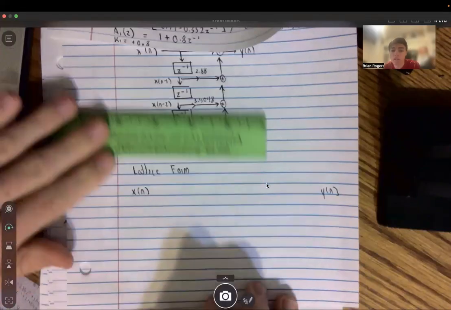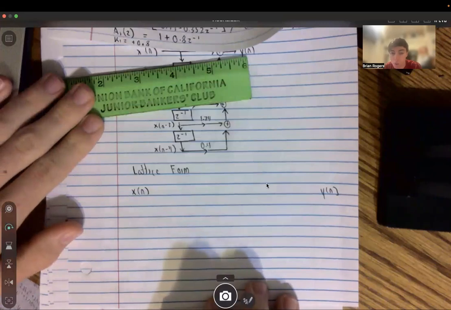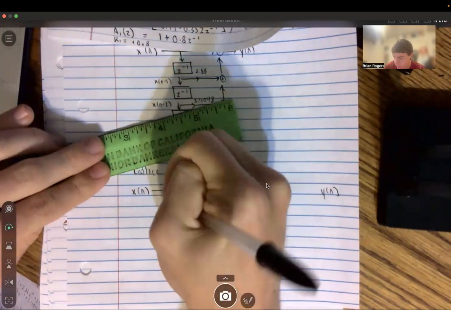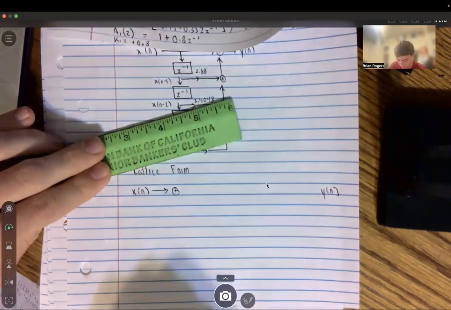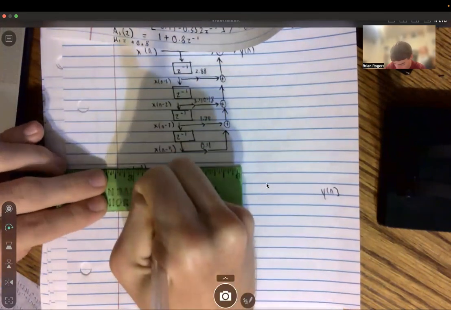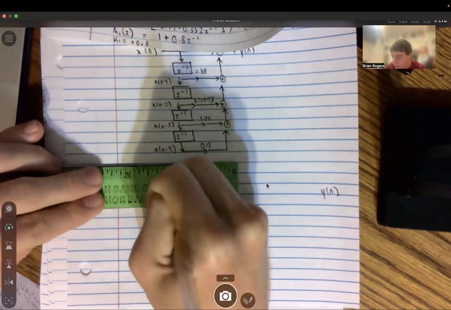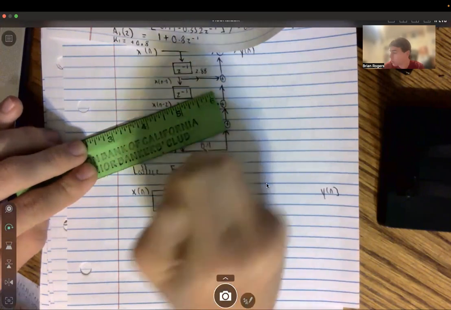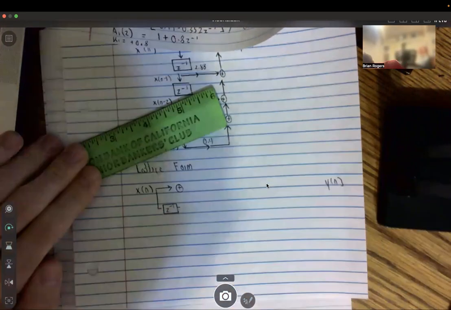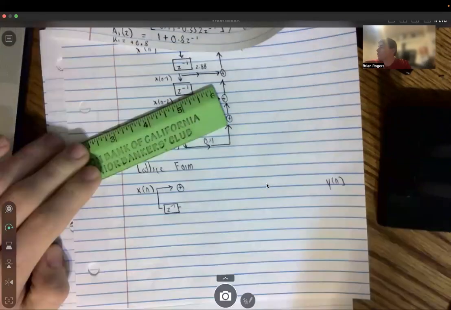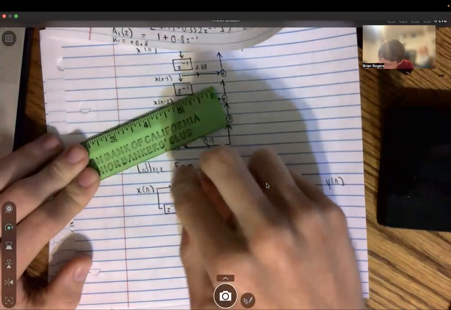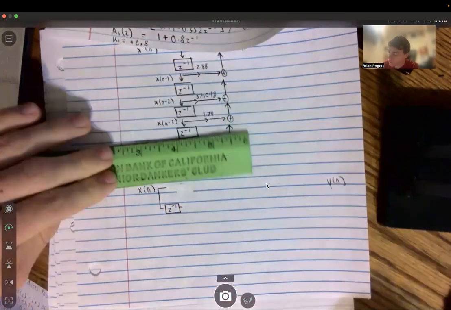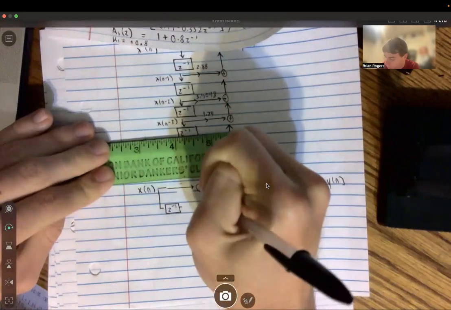So what you're going to see here is basically for your lattice form, your x of n is going to go through. We're going to have an adding block here, and it's also going to have a delay here. So why do we have this delay? Let me draw the summing block a little further.